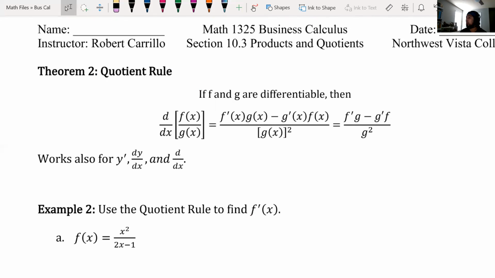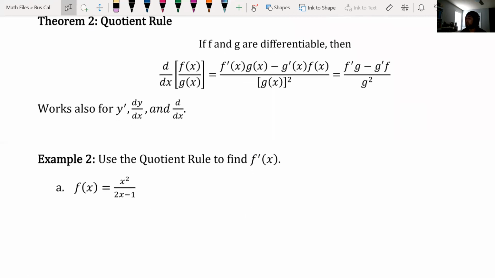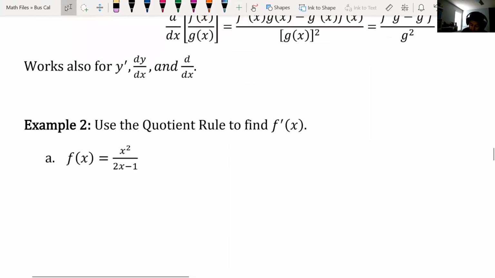Or keep it simple, f prime g minus g prime f all over g squared. So we're going to do the same thing with labeling again, but this time you'll label the numerator f and the denominator g. We'll take their derivatives and we will follow the quotient rule formula above. So that's what we're going to do here.